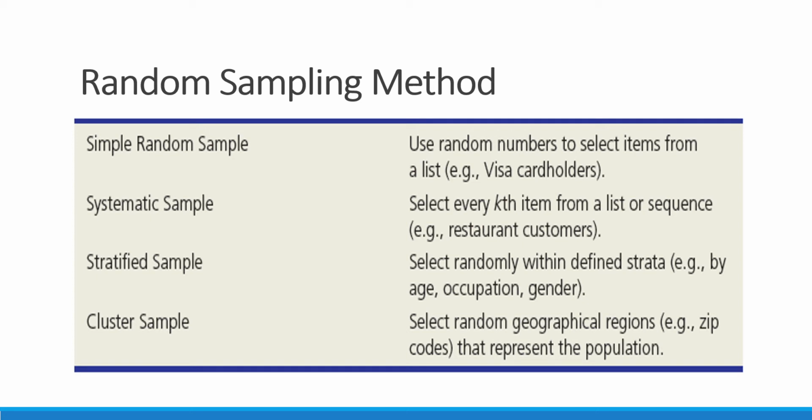For example, if we want to draw a number between 0 and 10, there are many online programs that work for free, where you enter the criteria, the range of numbers you want to select from.